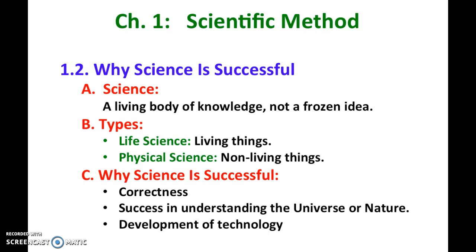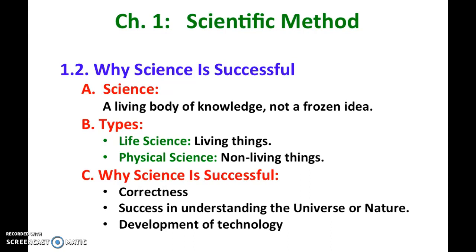Section 2. Why science is successful? First, what is the science? Science can be simply defined as a living body of knowledge, not a frozen idea. There are 2 types of science: life science and physical science.